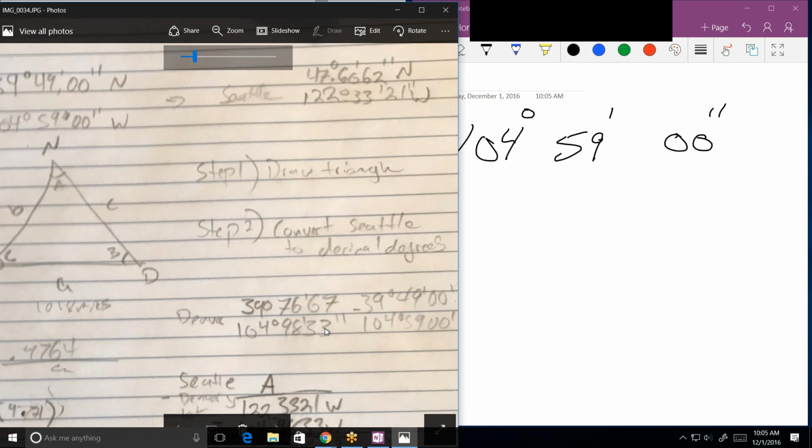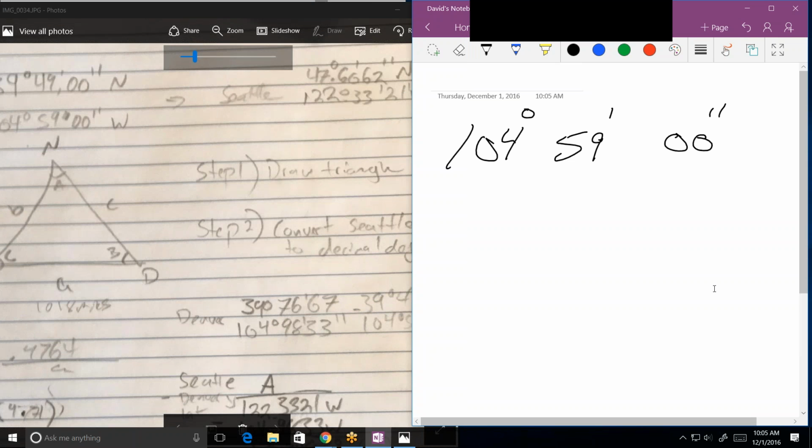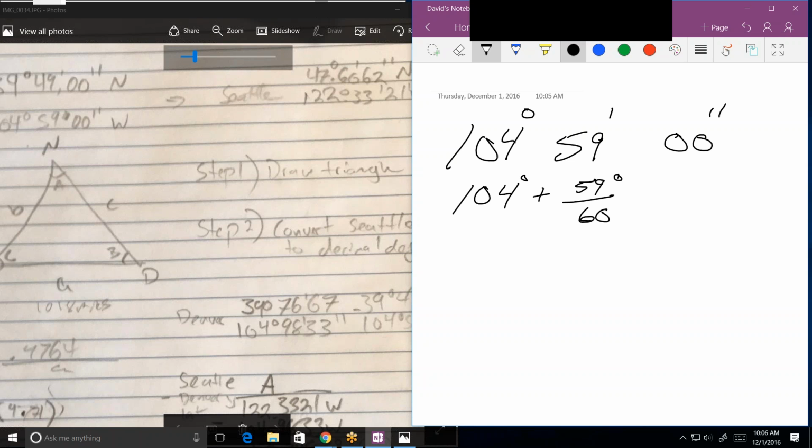Well, I get that number down here by doing this. It's 104 plus 59 divided by 60, because there are 60 minutes in a degree. Remember, what I'm trying to do here is convert each of these to degrees. So that's 104 degrees, that's 59/60ths of a degree, plus 0 degrees. And if you do 59 divided by 60, you get 0.9833.